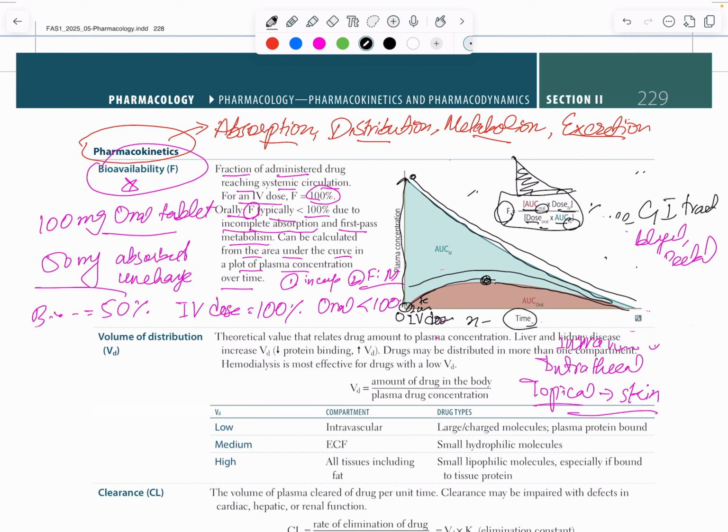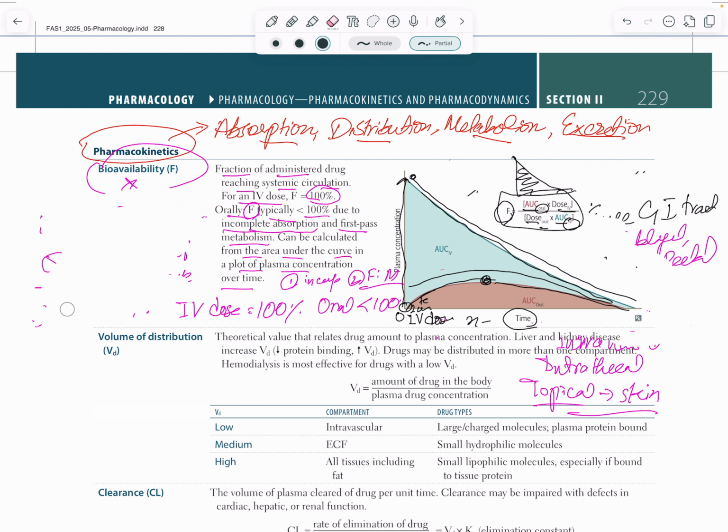Fine. Simply, I again summarize: bioavailability is the amount of drug that is available in the body after administration. In the IV dose it's 100%, and for the oral route it's typically less than 100%.